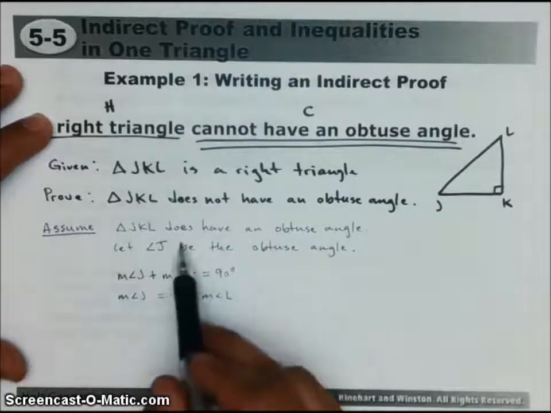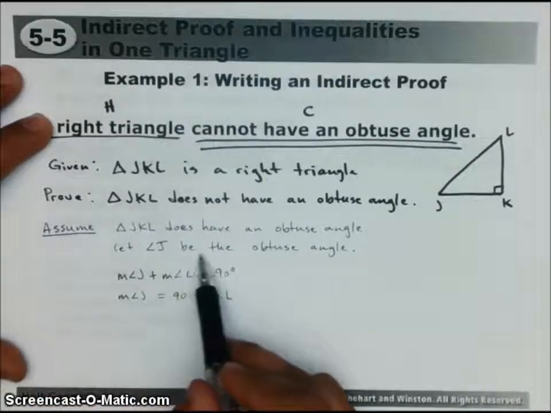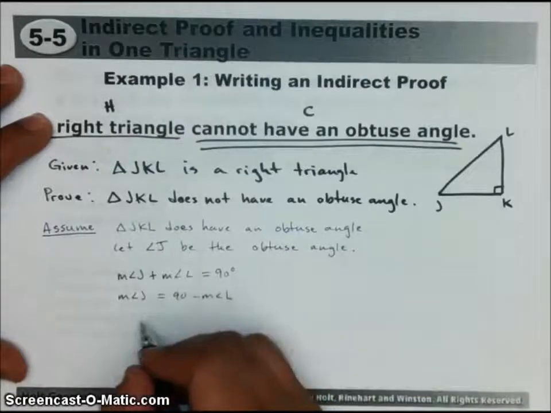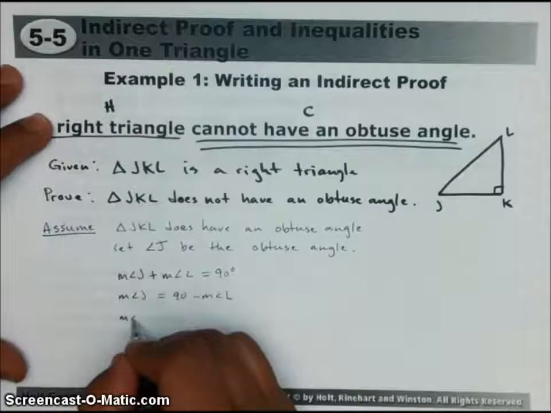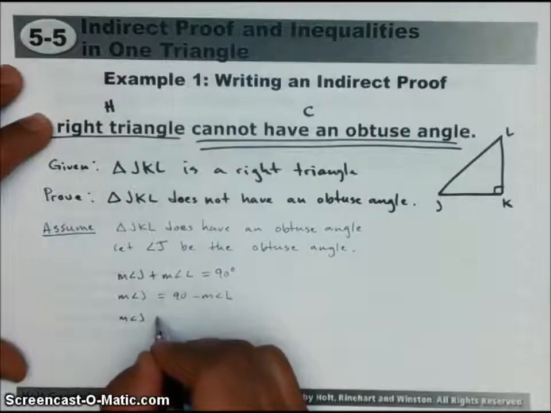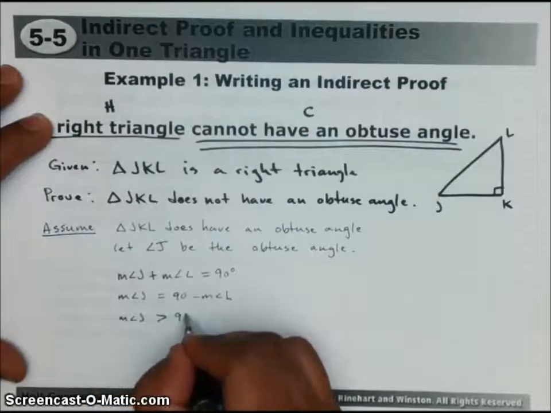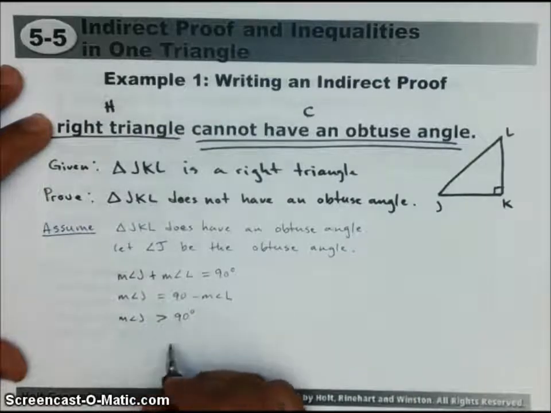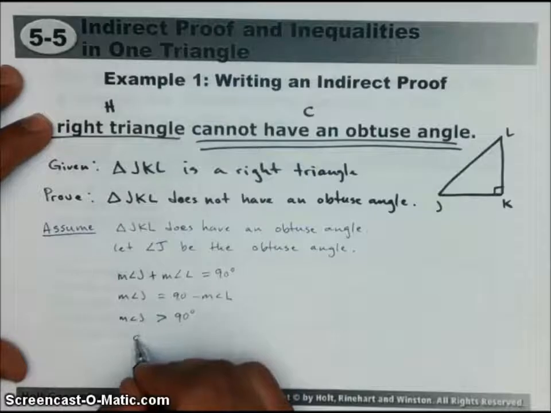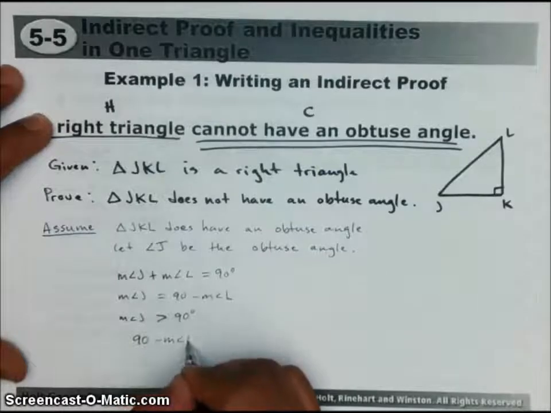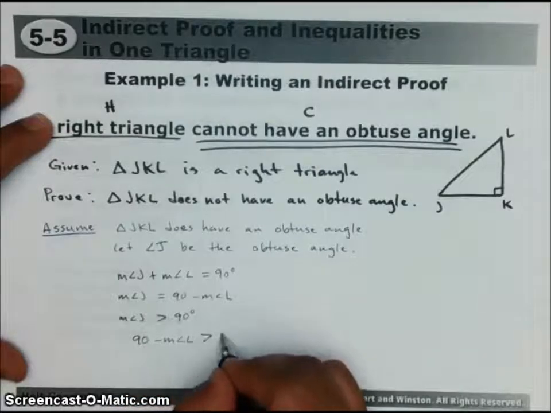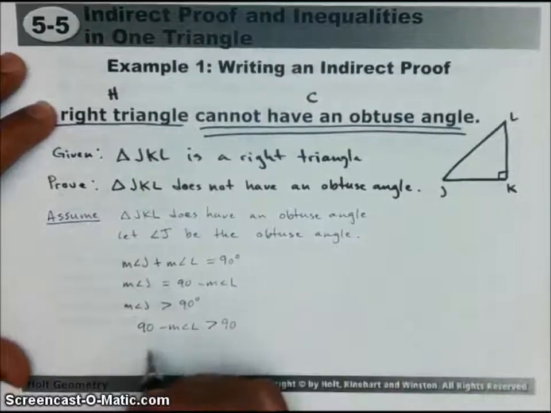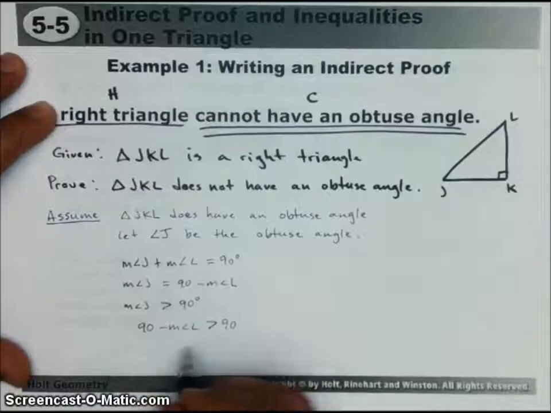Now, because we said J is the obtuse angle, by definition the measure of angle J has to be greater than 90 degrees, which means that 90 minus the measure of angle L has to be greater than 90 degrees also, since they're equal. Then we do some subtraction.